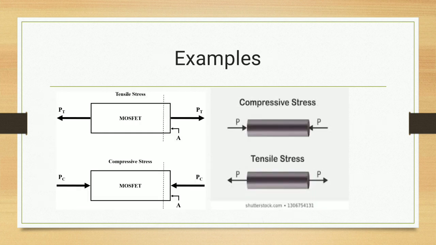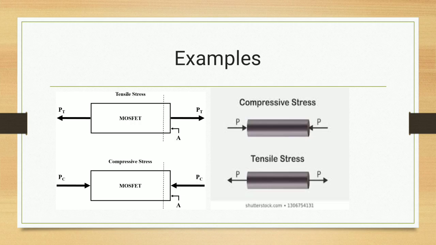Here we have seen two clear diagrams. In compressive stress, there are two pushing forces acting on the body. In the case of tensile stress, two pulling forces of equal amount, which act perpendicular to the resisting area, pull the body.